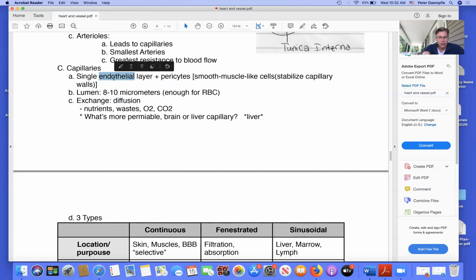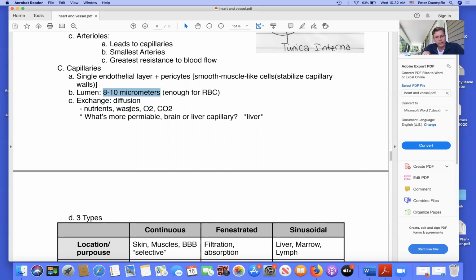The layer of the wall surrounding the capillary is a single layer thick. And if it's a single layer thick, that means you're able to diffuse stuff back and forth. So diffusion is the main function of the capillary because it has a thin endothelial layer. And what diffuses? In other words, what's exchanged?